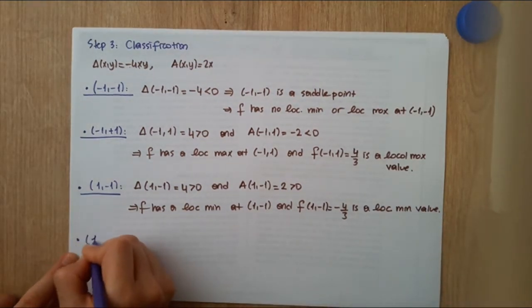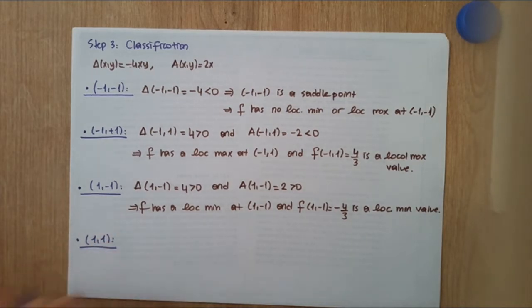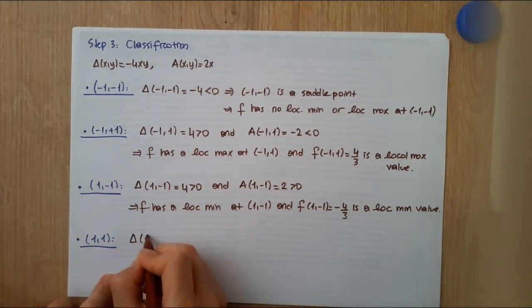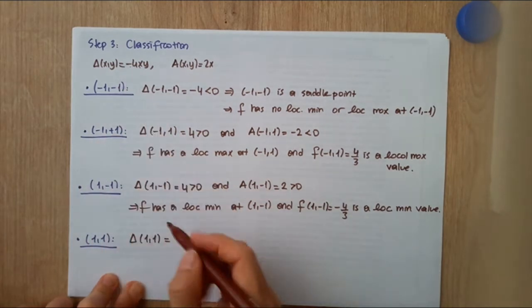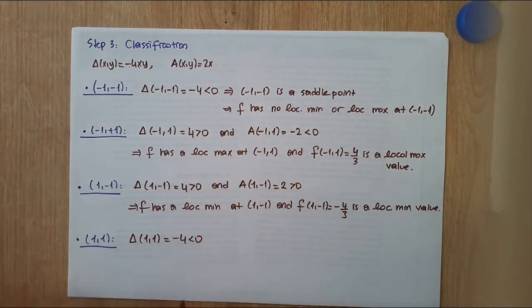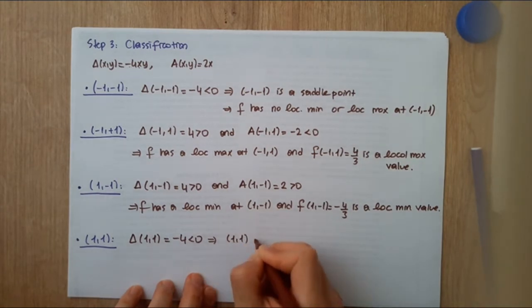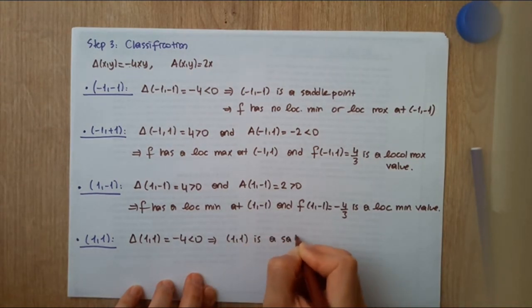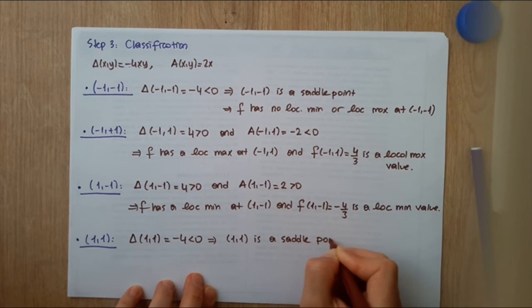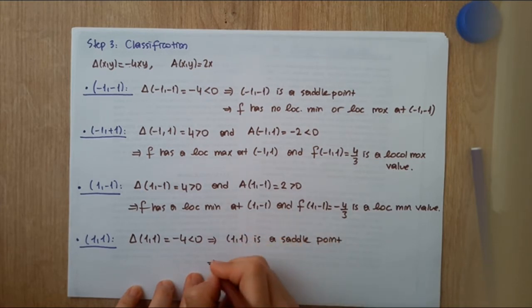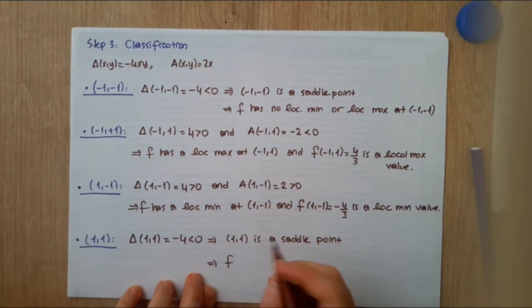And we have one more point, which is (1, 1). If you substitute (1, 1) in the delta, you will obtain minus 4, which is less than 0. So it is a saddle point, which means there is no local max or local min here.